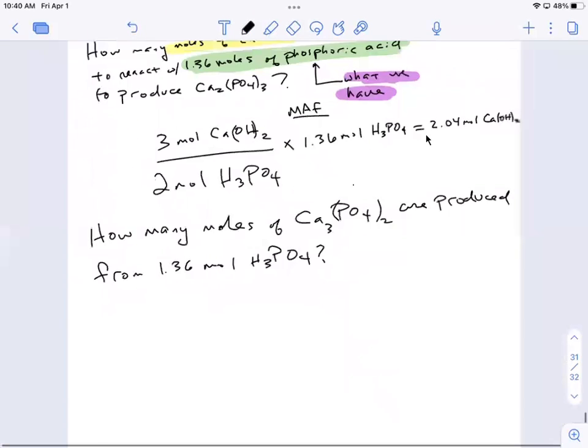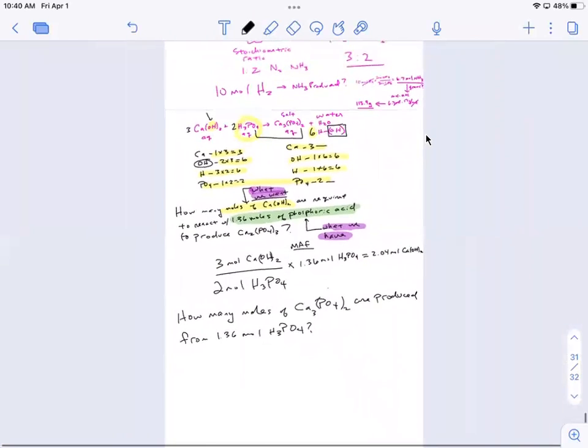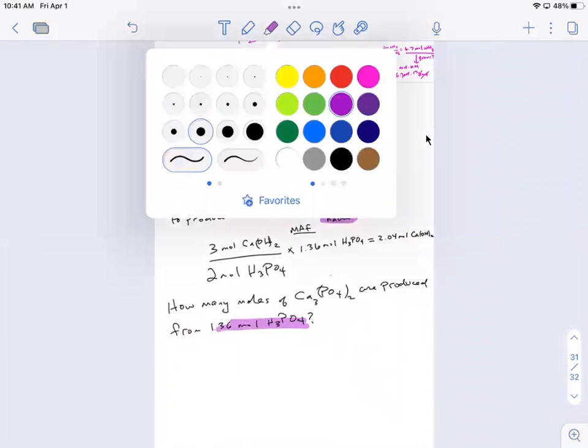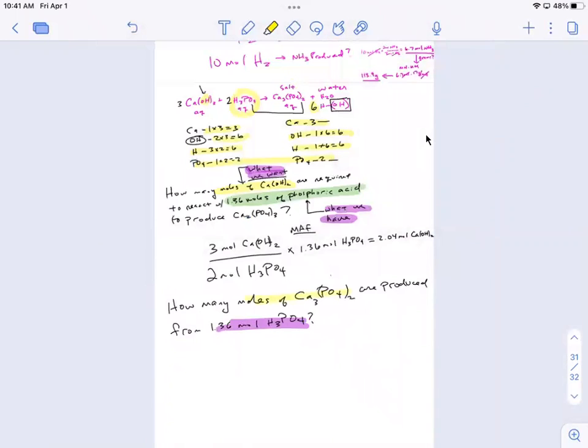Right? How many moles do we get of product, calcium phosphate? What do we need? This is what we have. This is what we want. How do we get to it? Based on the information we already have here in front of us. I want to go from phosphoric acid to calcium phosphate. How do I set that up?